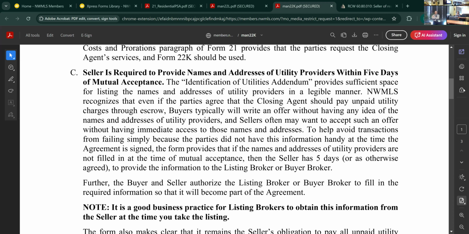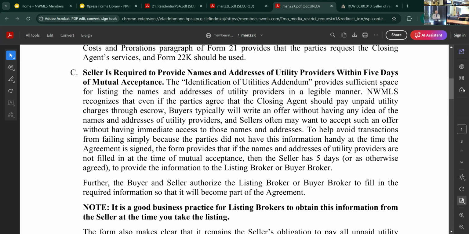NWMLS recognizes that even if the parties agree that the closing agent should pay unpaid utility charges through escrow, buyers typically will write an offer without having any idea of the names and addresses of utility providers, and sellers often may want to accept such an offer without having immediate access to those names and addresses.